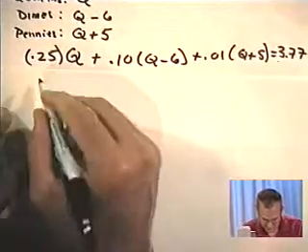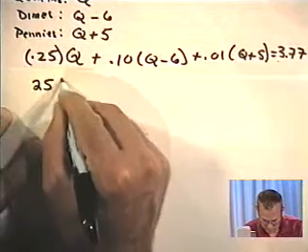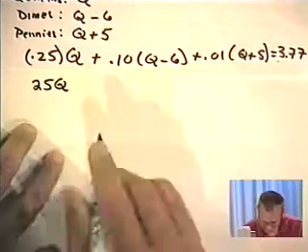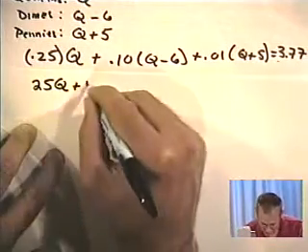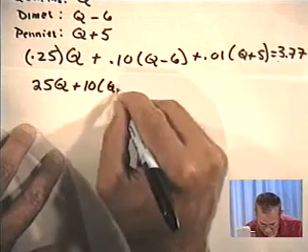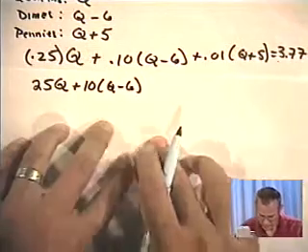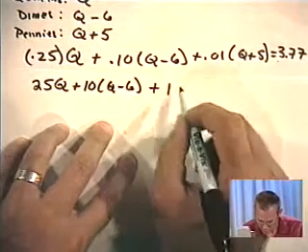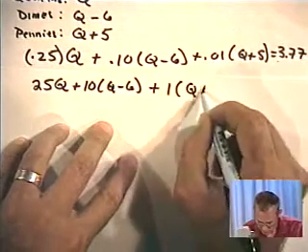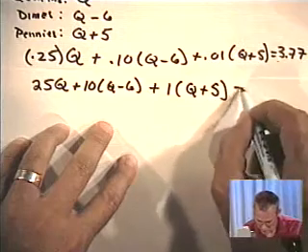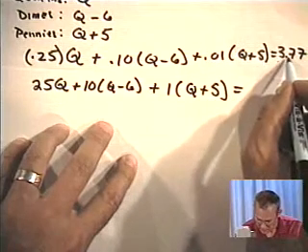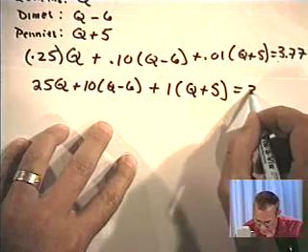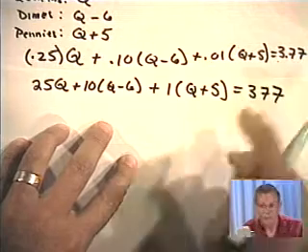Multiplying by 100 here gives me 25Q. Multiplying by 100 here gives me 10. Multiplying by 100 here moves the decimal 2 places, so I just get 1, equals, multiplying by 100 here, 377.